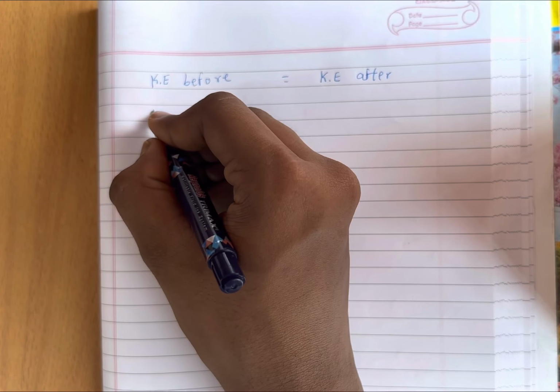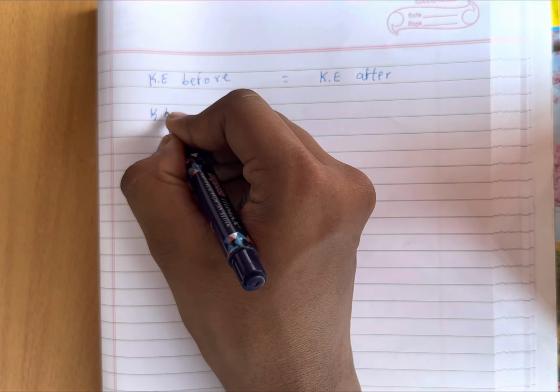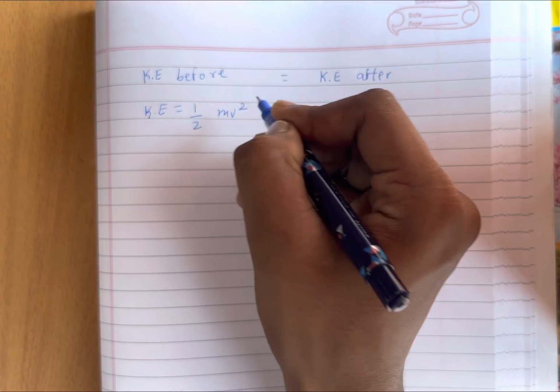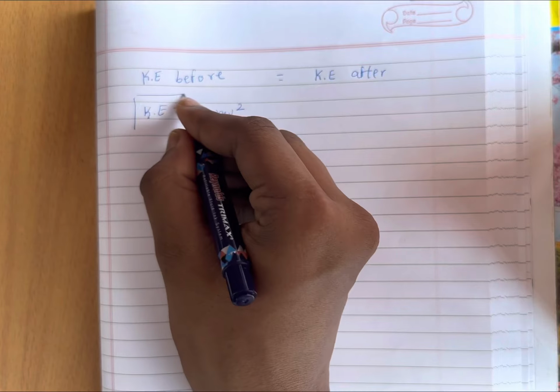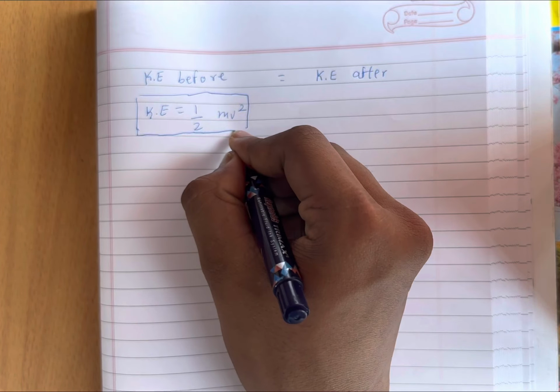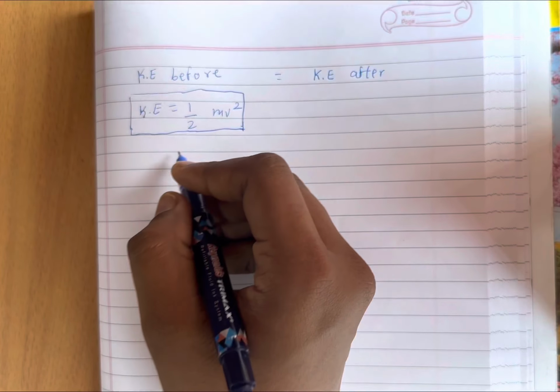What is the formula of kinetic energy? Kinetic energy is equal to half mv square. So we have to put the values of the objects in this manner.